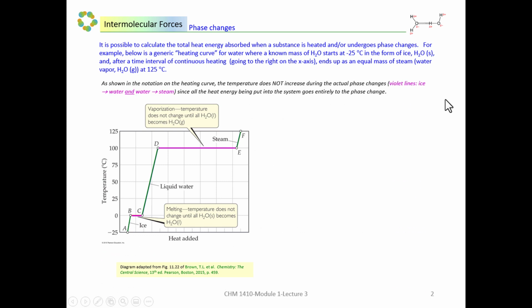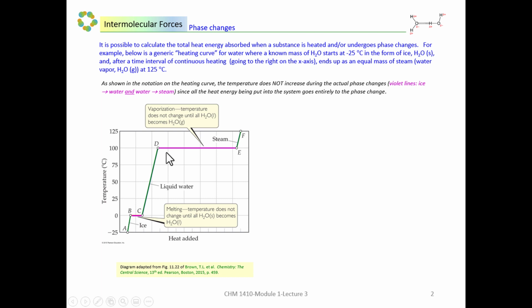Now, as noted on the diagram, there are significant areas where we're adding heat, but the temperature is not going up. So you notice wherever the green lines are, heat is being added and the temperature is increasing. But on these violet lines here, we're adding heat and the temperature doesn't seem to be going up.